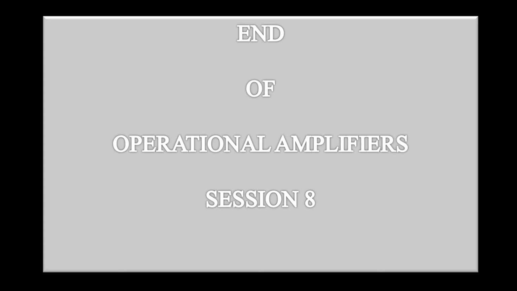Students, in today's lecture we have seen op-amp as a differentiator. What is the difference between op-amp as an integrator and op-amp as a differentiator? In the integrator, the capacitor was connected in the feedback, and in the differentiator the capacitor was connected at the inverting terminal, right?